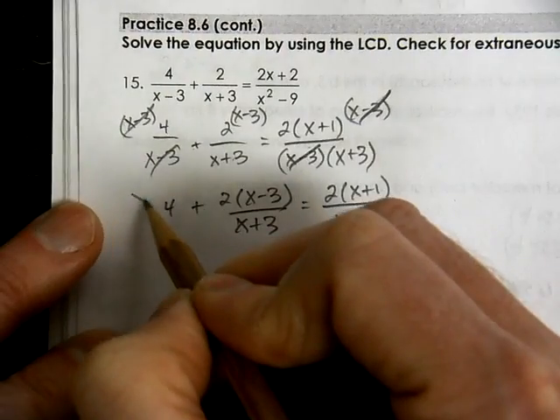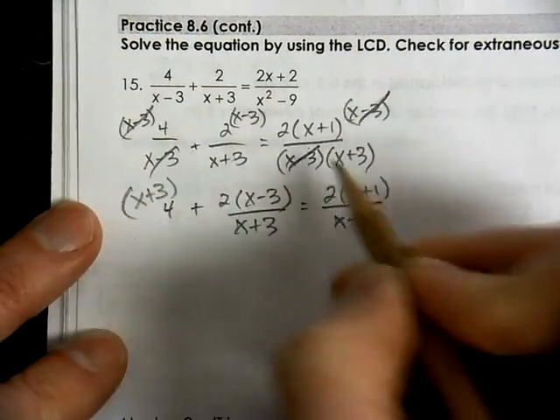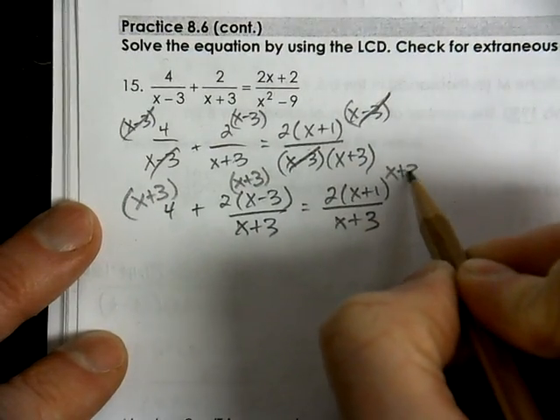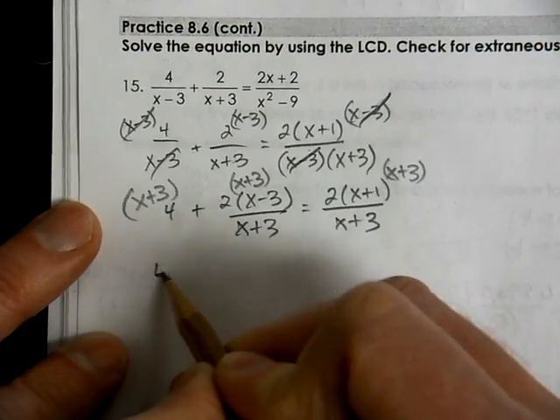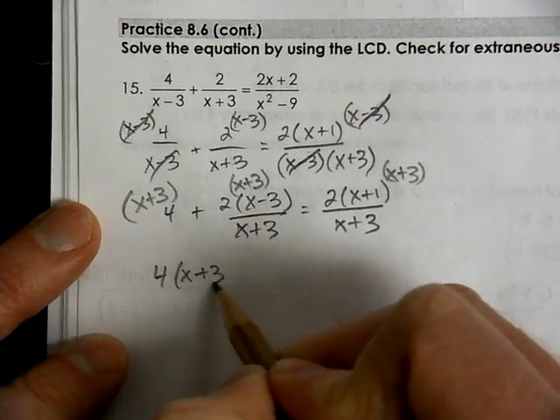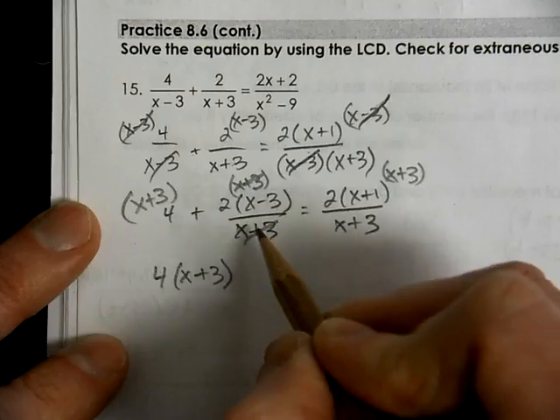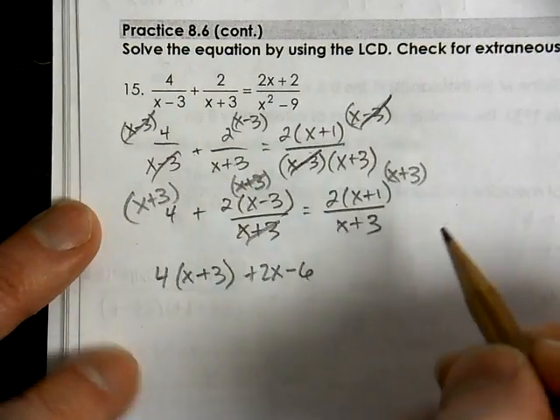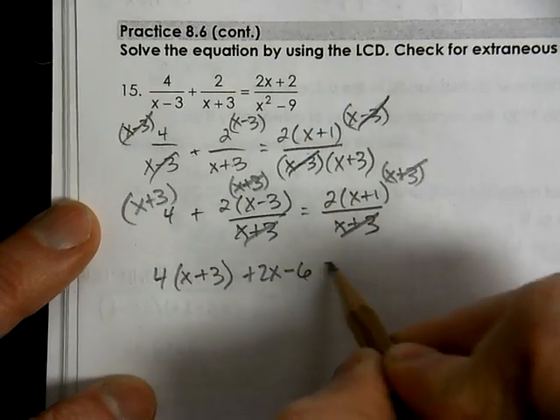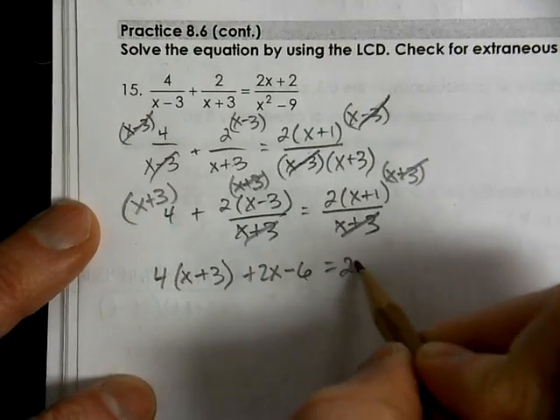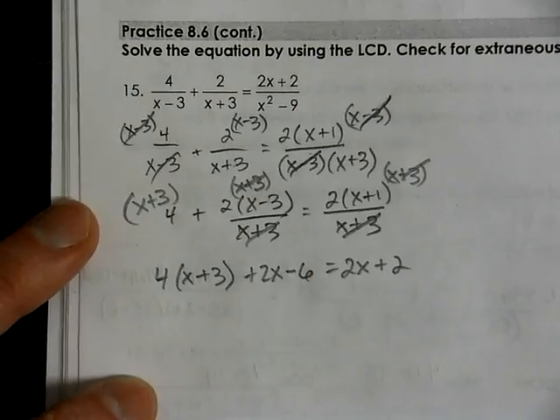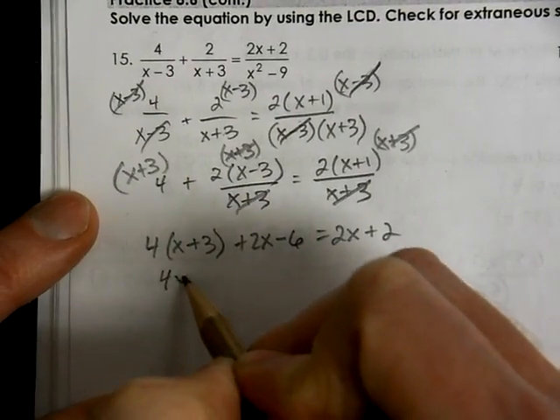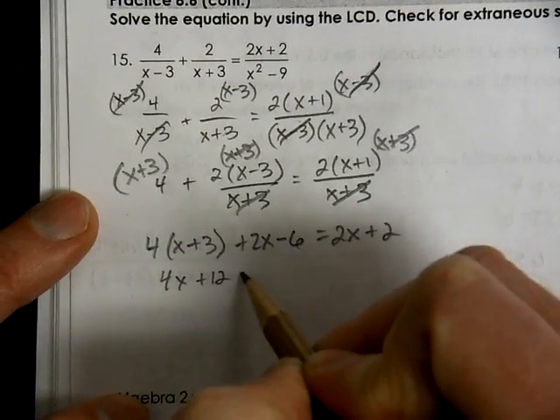And then I'm going to multiply through with x plus 3. Nothing to cross out. They cross out there, so you would get 2x minus 6 if you distribute the 2 through. They cross out there, so I'll distribute again the 2x plus 2. (4x plus 12).